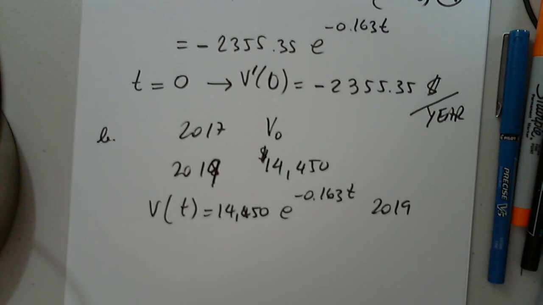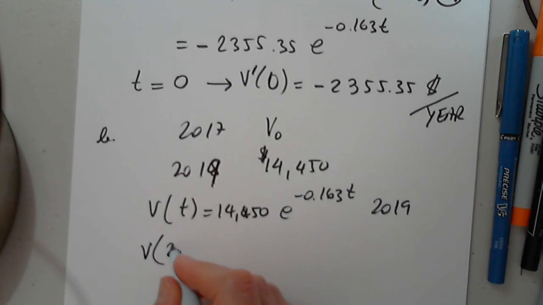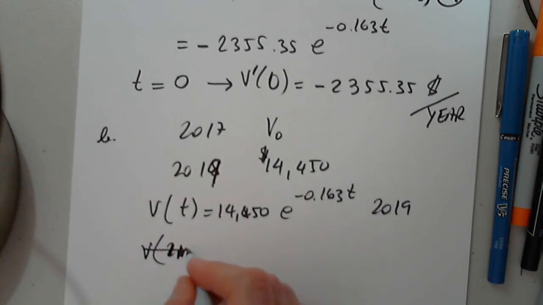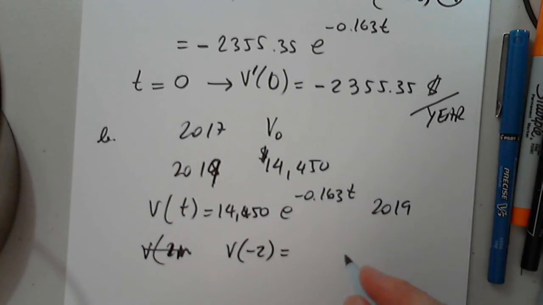How do I know that was valid in 2017? I truly believe that the question is not formulated correctly. So V of -2, what did we get? 20,019.25.